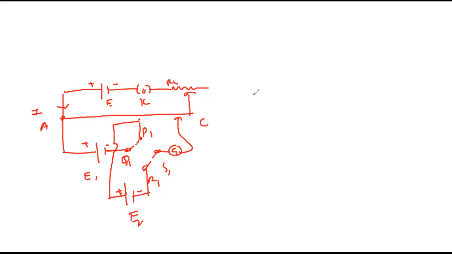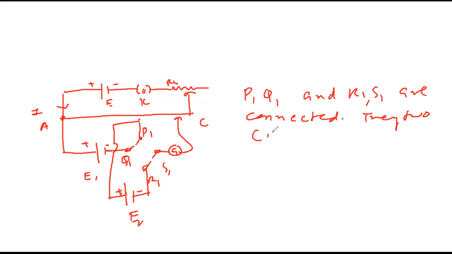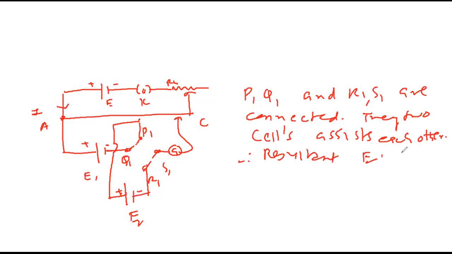That means when P1 Q1 and R1 S1 are connected together, then the two cells assist each other. Therefore, the resultant EMF E is E1 plus E2.